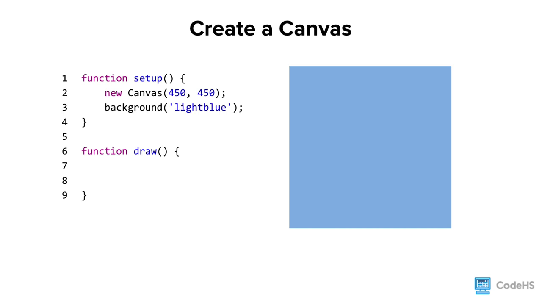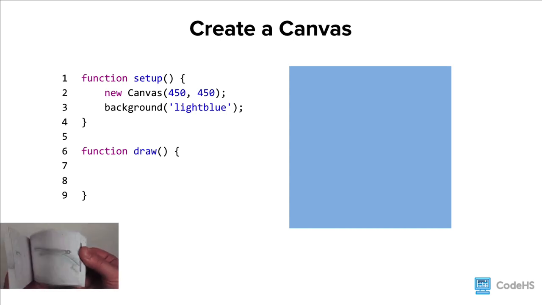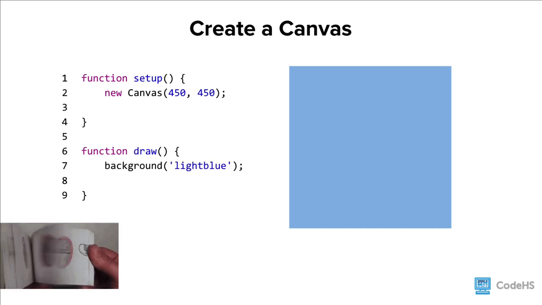Great! Now let's think about this for a second. Remember our flipbook analogy? Our draw function is drawing each page continually. So if we want the background of each page to be the same color, we actually want to move the background command into the draw function like this. Much better.